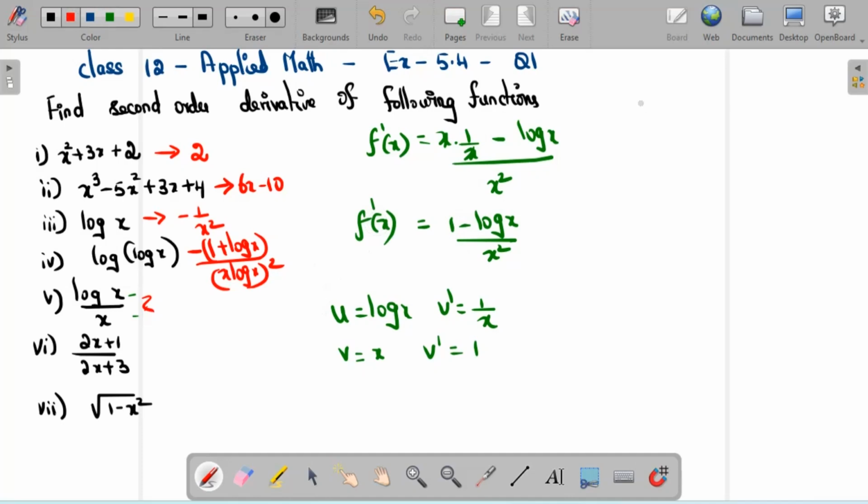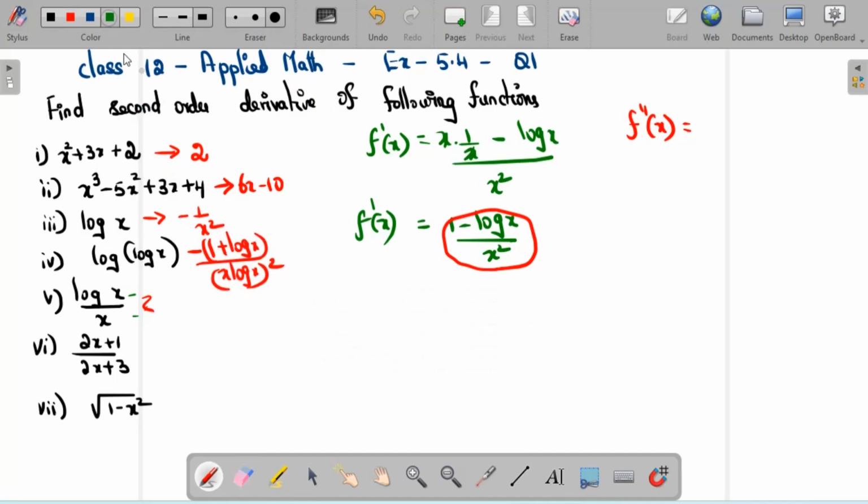Now we need to compute what is f double dash of x, which means I need to differentiate this particular function. So let's apply u by v once more. So u here is going to be 1 minus log x, which means u dash is minus 1 by x. v is equal to x squared, so v dash is going to be equal to 2x.